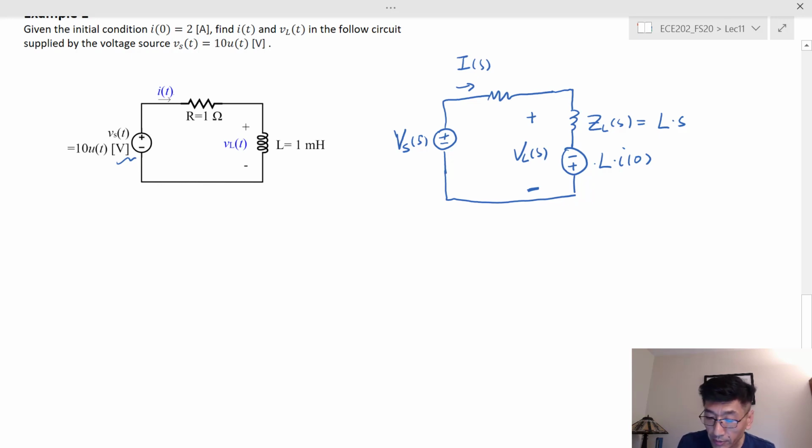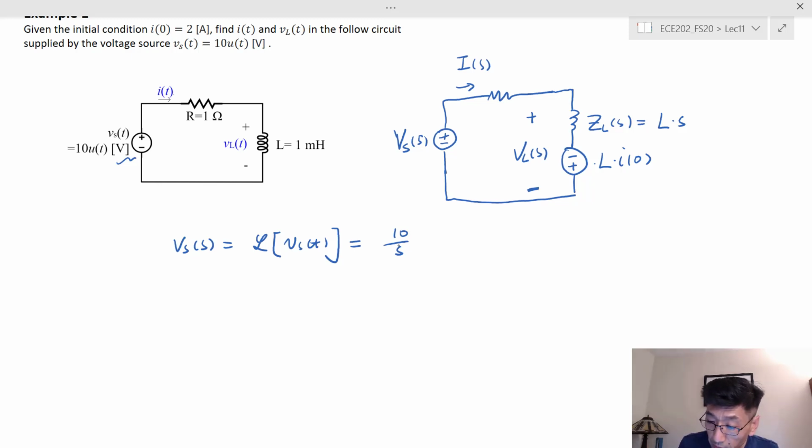So V sub s is the Laplace transform of v sub s of t, which is fairly easy: 10 over s, since 10 times u(t) has Laplace transform 10 over s.